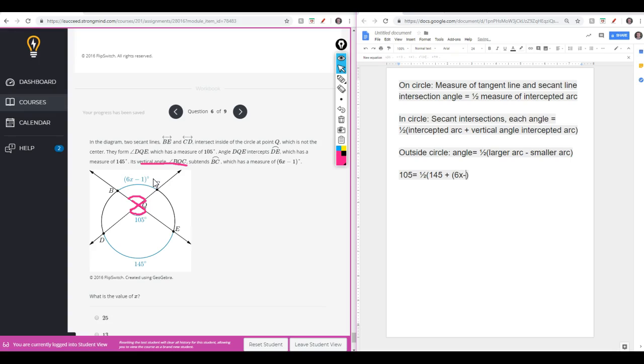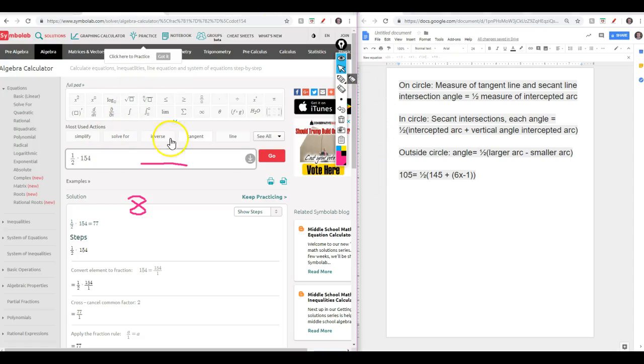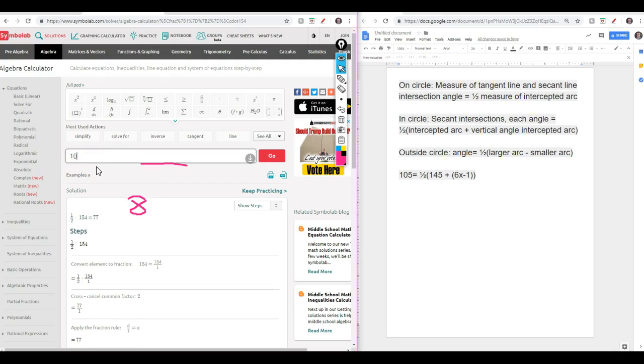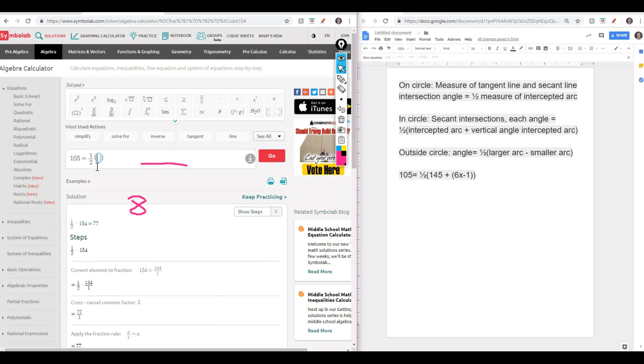So I have 6x and minus 1. So then I'm going to jump over to the algebra calculator since it writes it out a lot quicker than I can. So 105 is equal to 1/2 times 145 plus parentheses 6x minus 1.